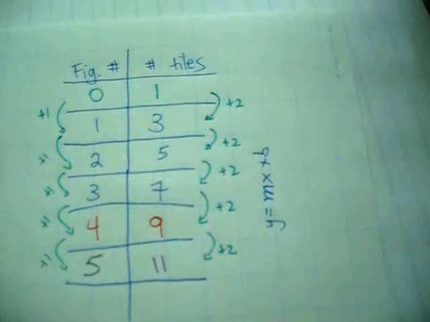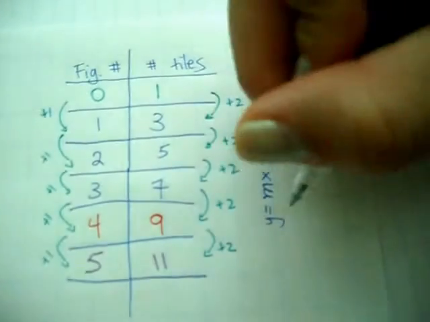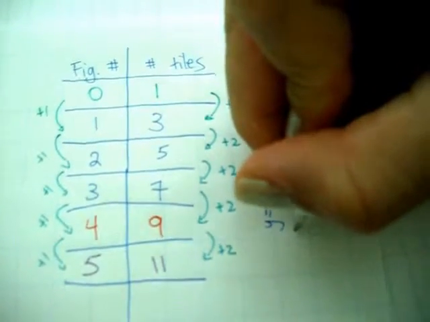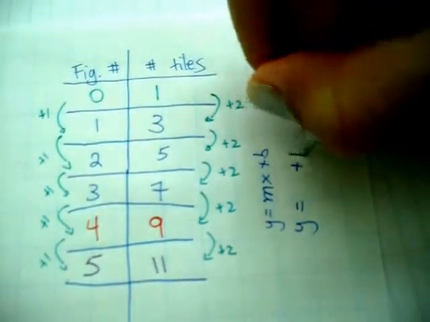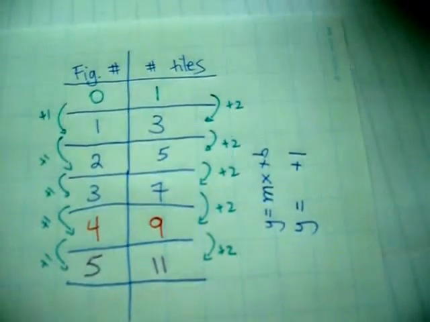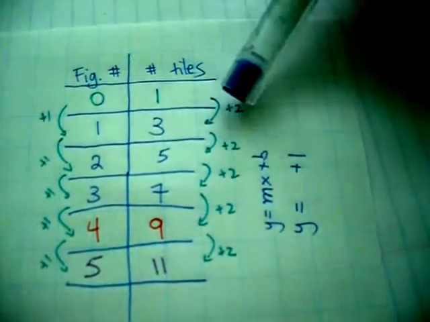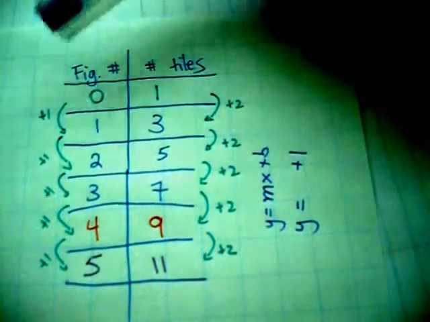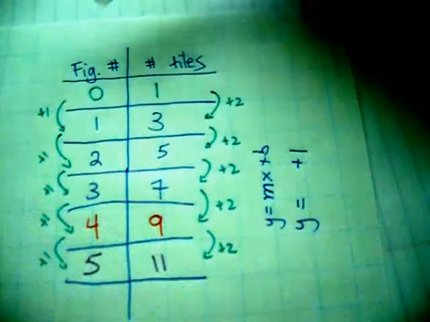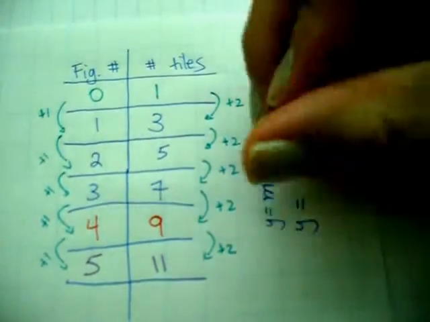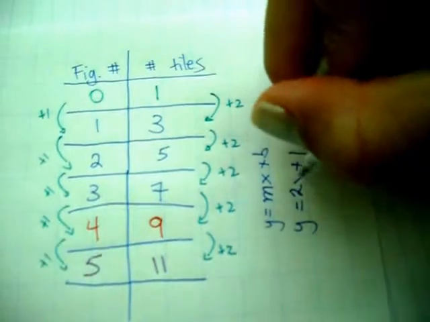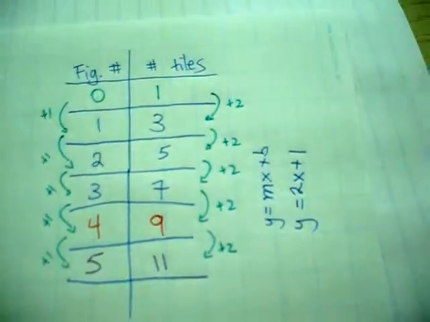And this is going to be a review lesson later on. For now, I hope you trust me that the y-intercept is 1, so plus 1. And the slope, the change in the y values over the change in the x values, I'm letting the y values be the output and the figure number be the input. It's 2 over 1, so that's 2 times x. Y equals 2x plus 1.